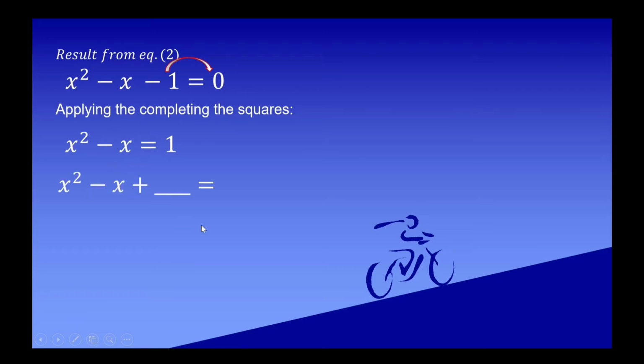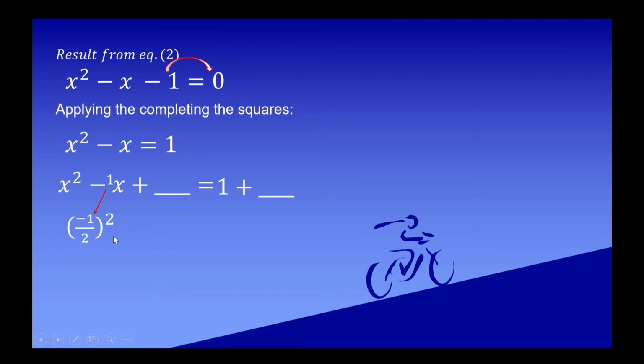Then make extra space for the third term, and the same way on the other side, so that our left side para magiging perfect square trinomial. Okay, since our leading coefficient, the number before x squared, is 1, and the coefficient of our middle term is negative 1, the rule for completing the square is to take half, or divide by 2, and square it.